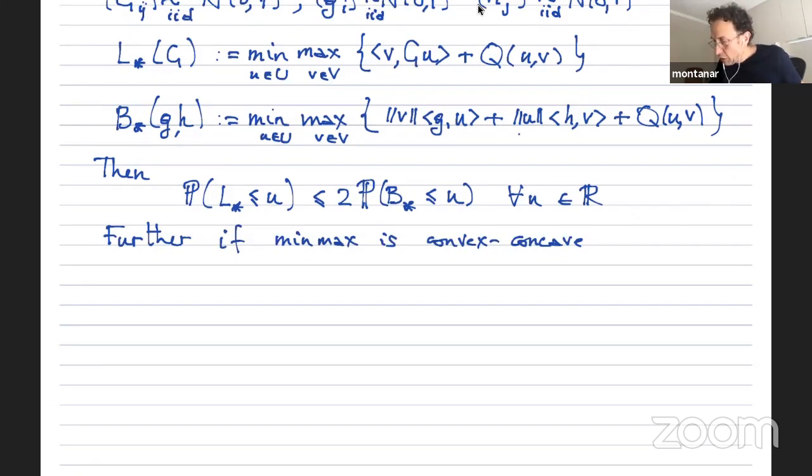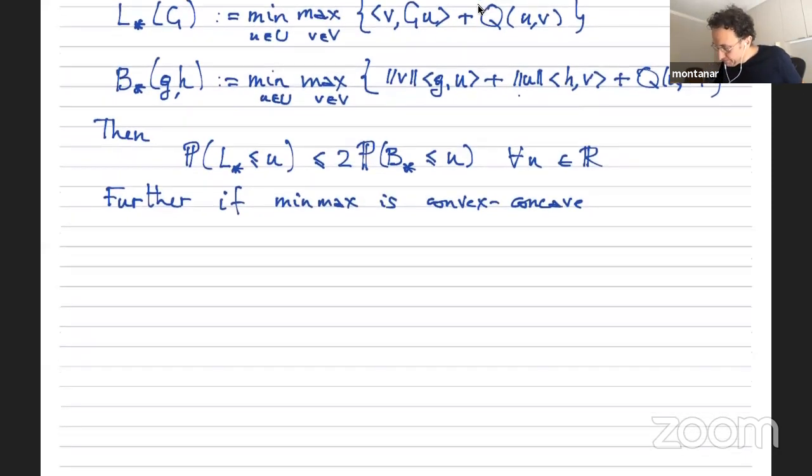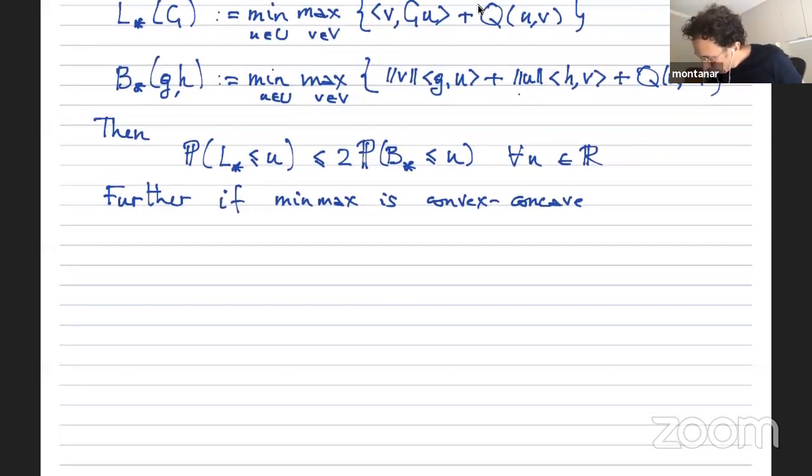So you want this overall objective to be concave in V and convex in U, and the two sets U and V to be convex. Okay, so if that happens, then you have the reverse inequality.